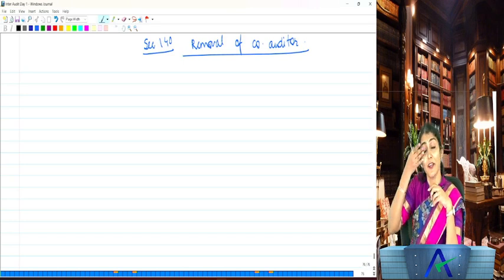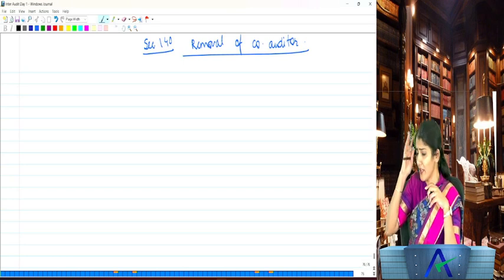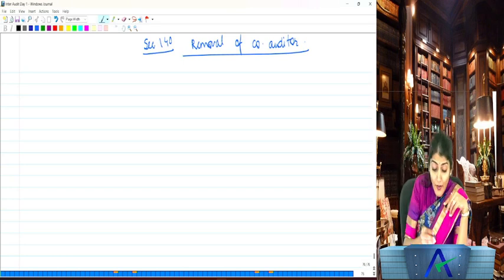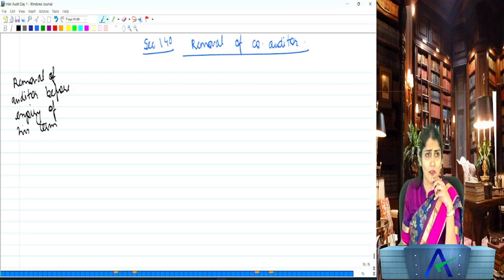No, the auditor drinking too much tea cannot be a reason for you to remove the auditor. But you say, nahi chahiye ye auditor. Okay, so removal of the auditor before the expiry of his term. Or the auditor is coming to office every day and playing loud music over there at the client place.